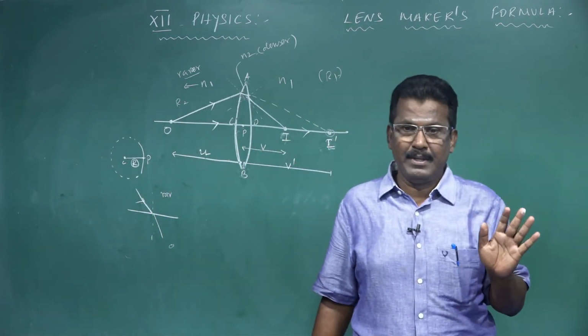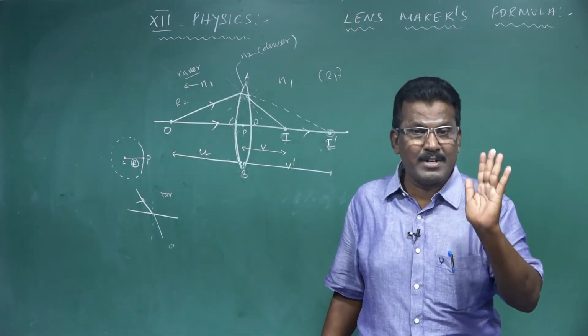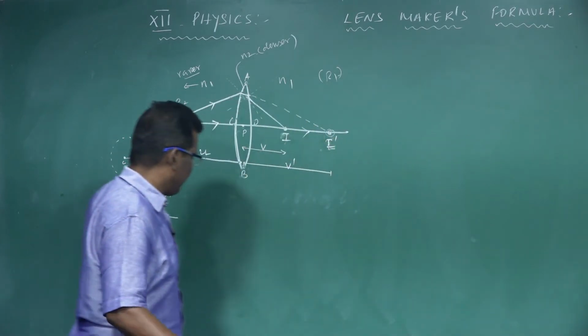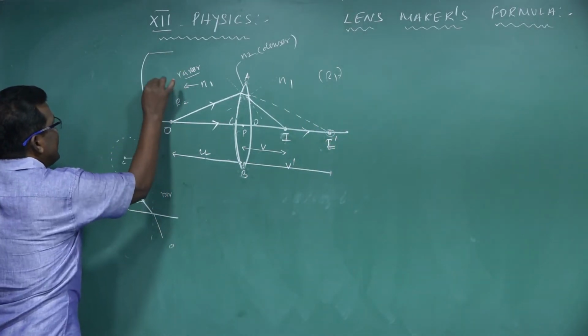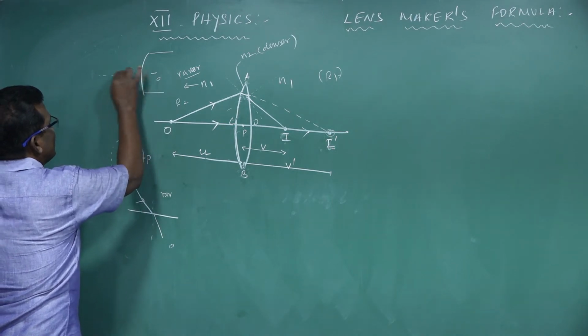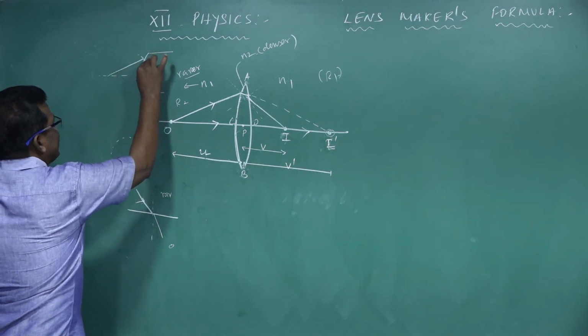Already we have studied rays coming from a rarer medium to a denser medium at any spherical surface. Light comes from the source, and after incidence, refraction takes place.